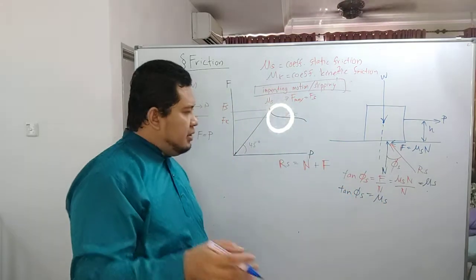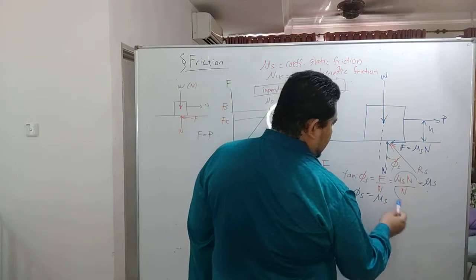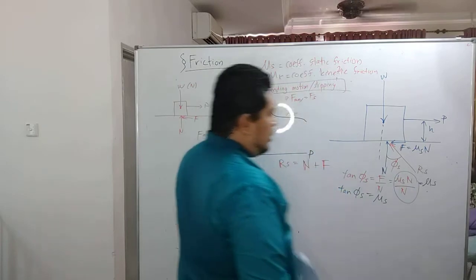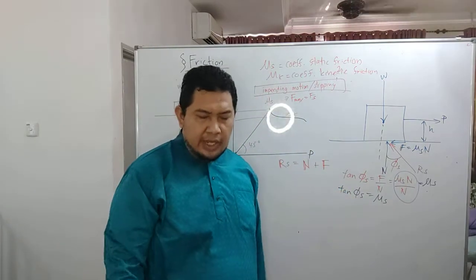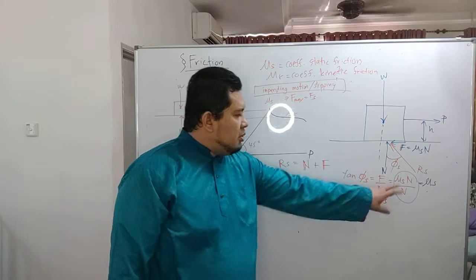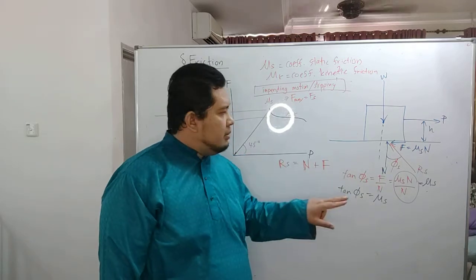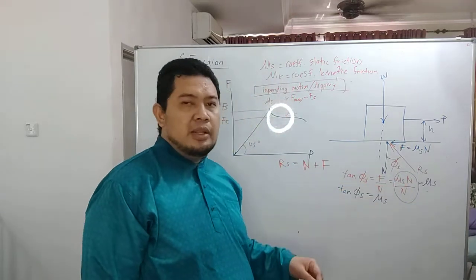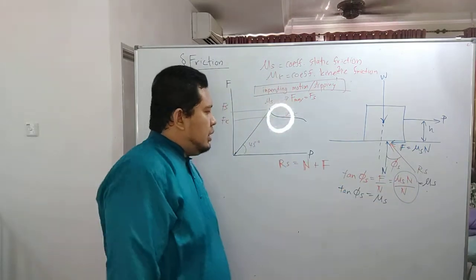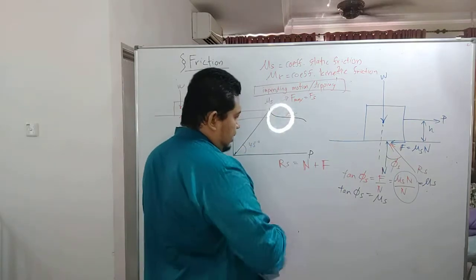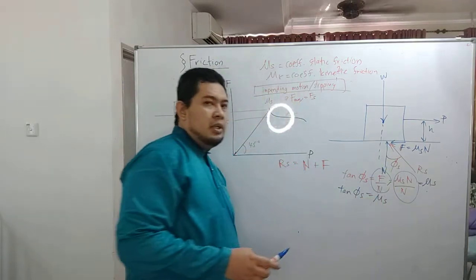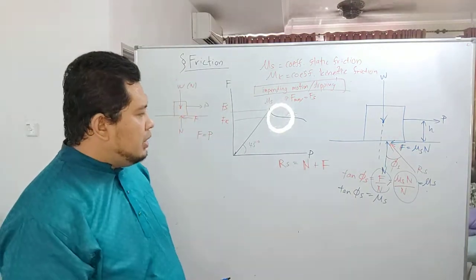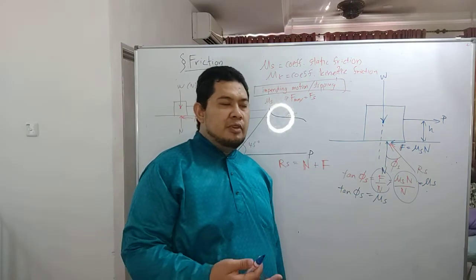But the point is over here. As I mentioned, the friction force and the normal force are related, because the friction force needs the normal force multiplied by the coefficient of friction. Remember what I said: the bigger the mu value, the bigger the friction force.